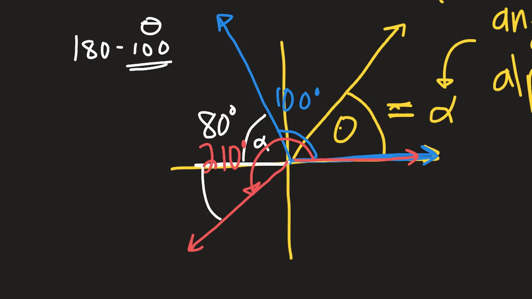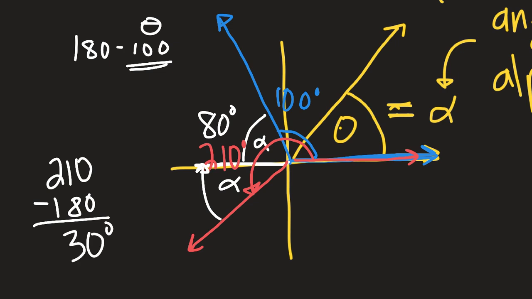Your alpha is what it takes to get back to the x-axis, and you always want to go the shortest distance possible. So in this case, that would be 210 minus 180, which would make a 30-degree reference angle.